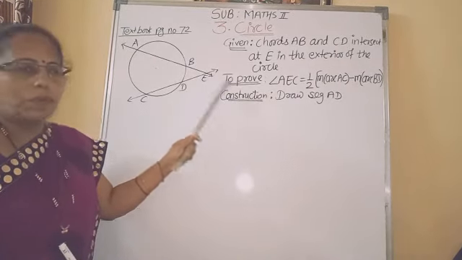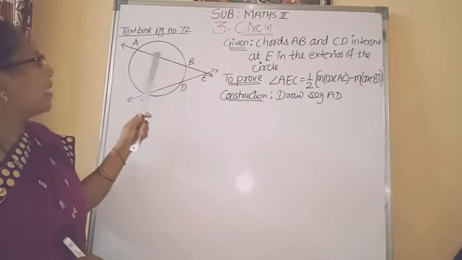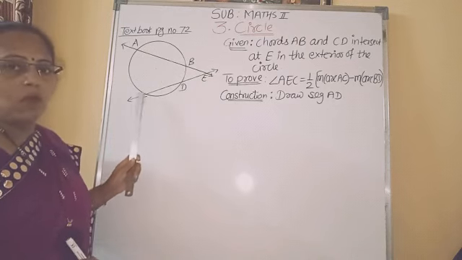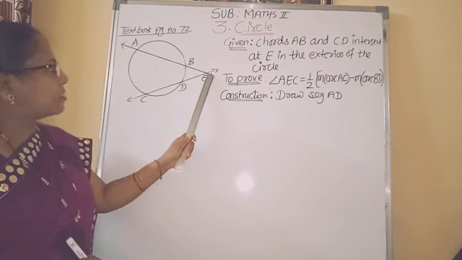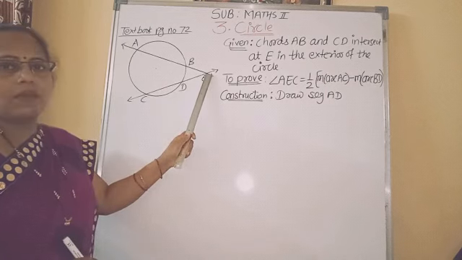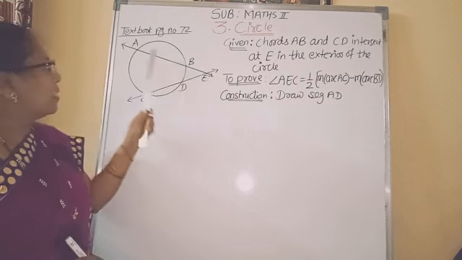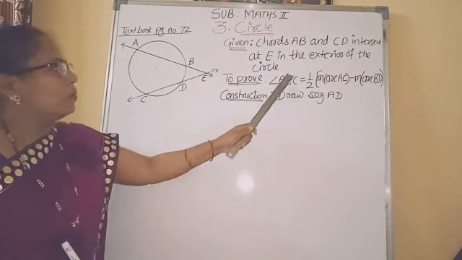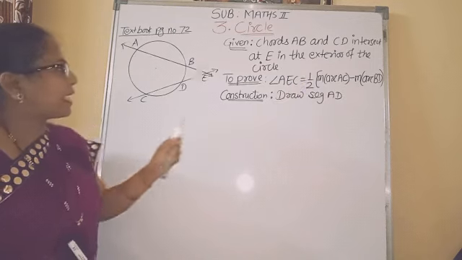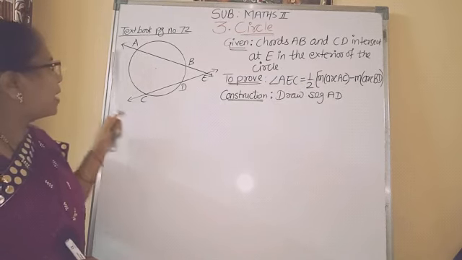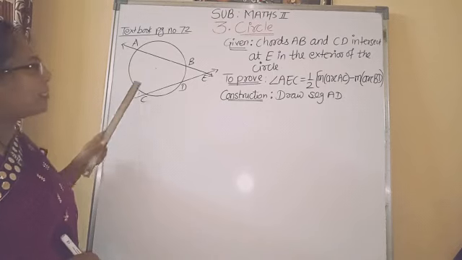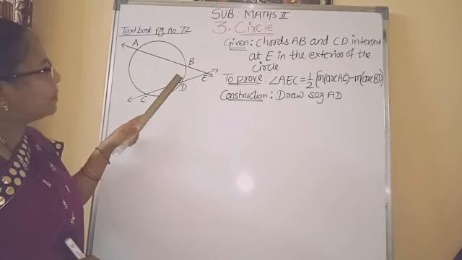So we have to prove angle AEC. Now observe the figure. Here the vertex of the angle is in the exterior of the circle. Angle AEC is equal to half into bracket measure of arc AC minus measure of arc BD.